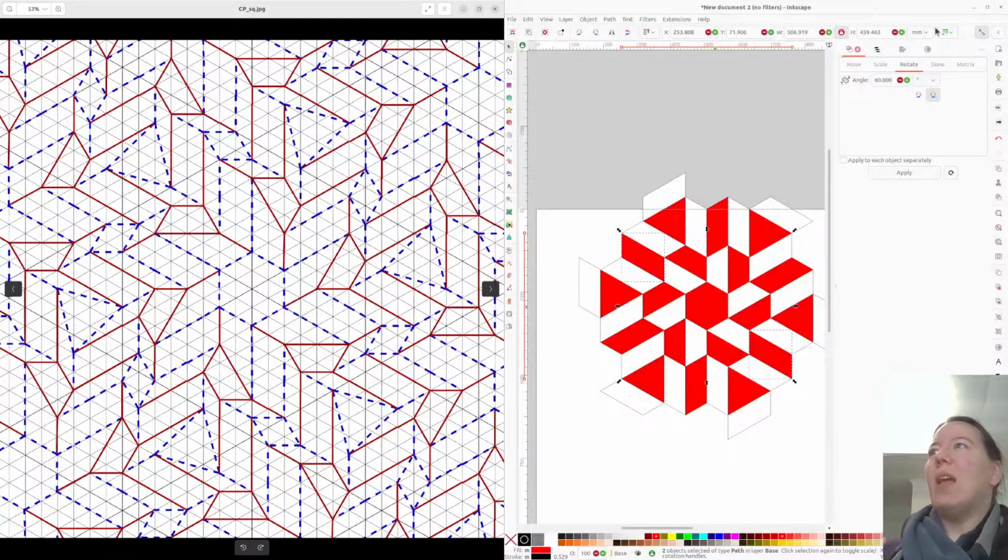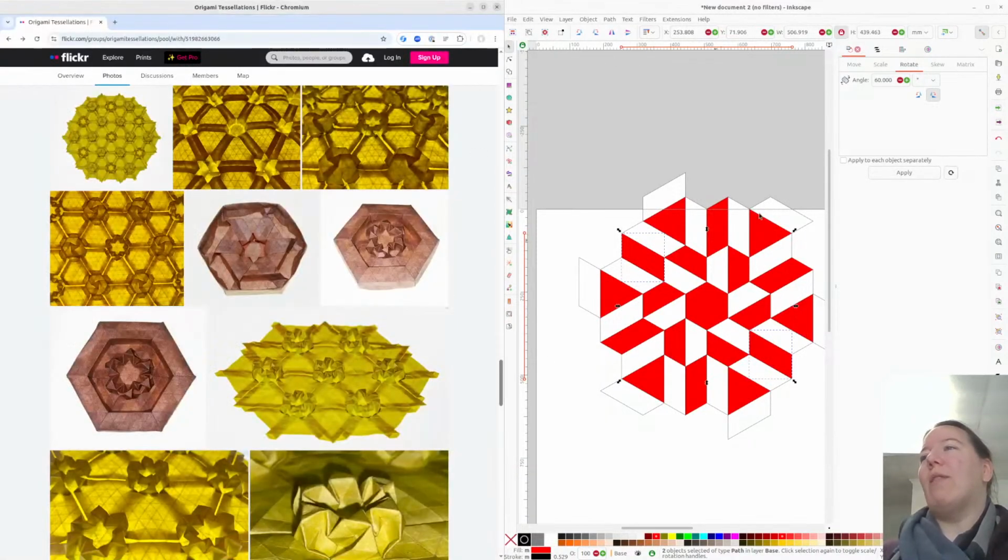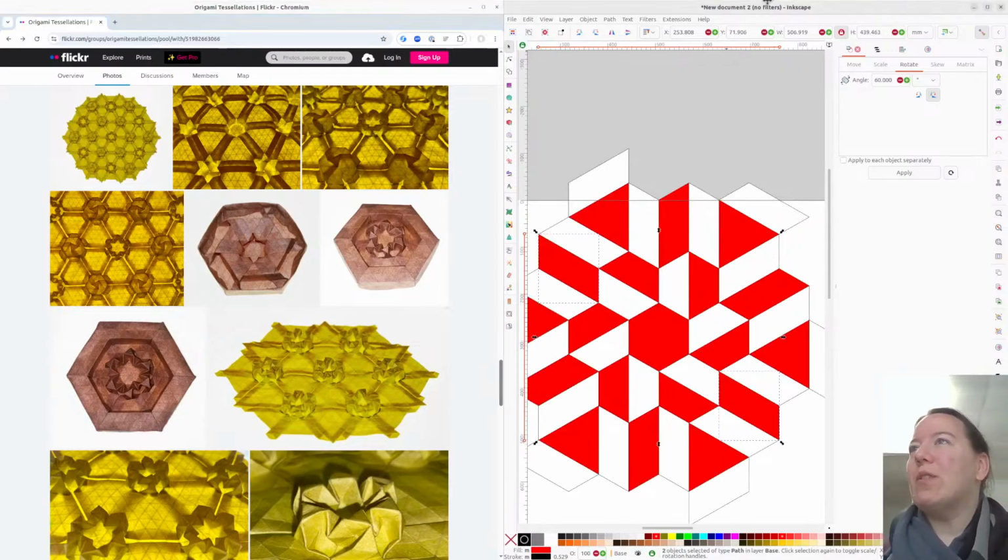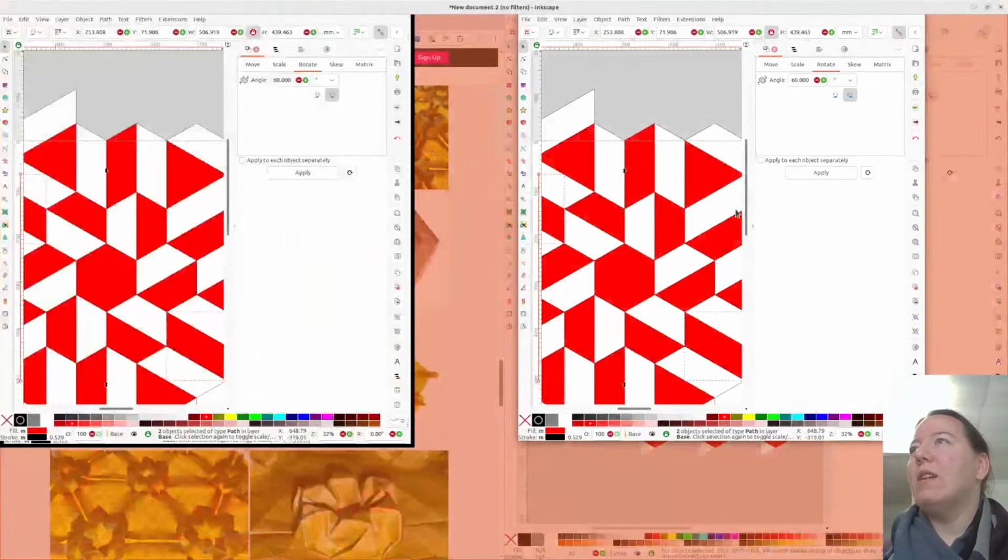And then let's say, for example, if I wanted to design a pattern that uses this tiling, the approach I would take is, so let's full screen that.